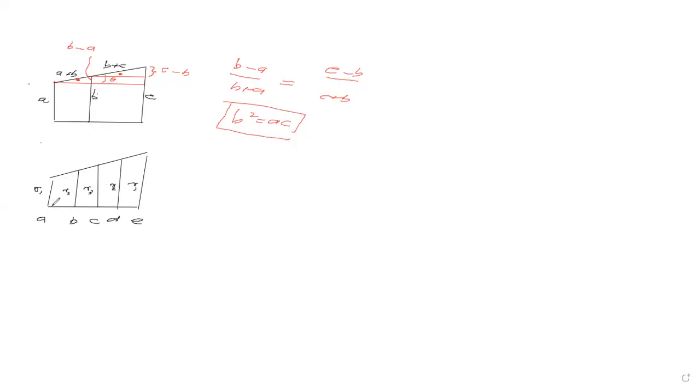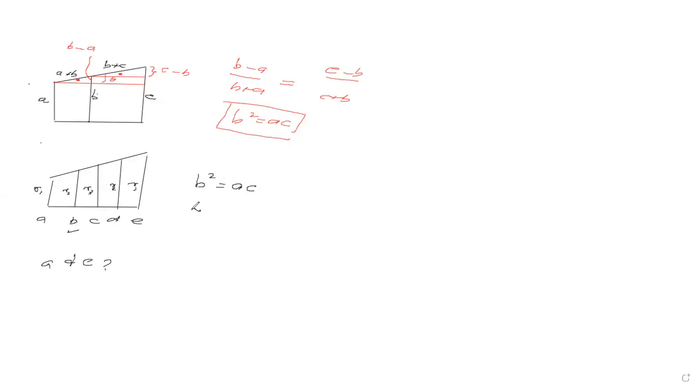I want to link up A and E, because those I know. I know the initial radius and the final radius. All right, how do we do that? The middle one, B squared, is equal to AC. I finished with this.